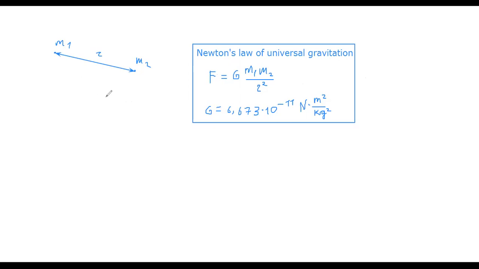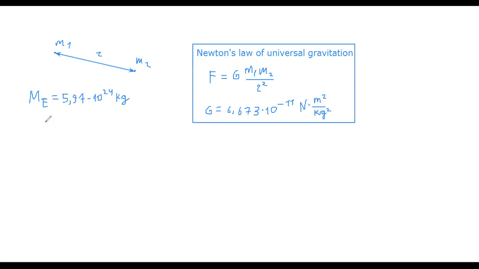If we use Google, for example, we can find that mass of our planet, mass of Earth is equal to approximately 5.97 multiplied by 10 in 24th exponent, kilograms.